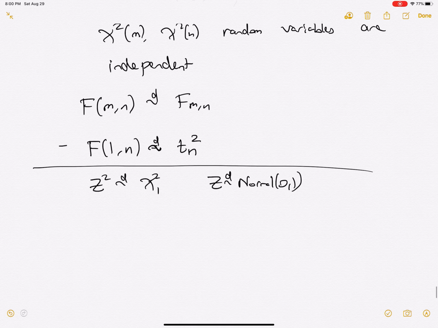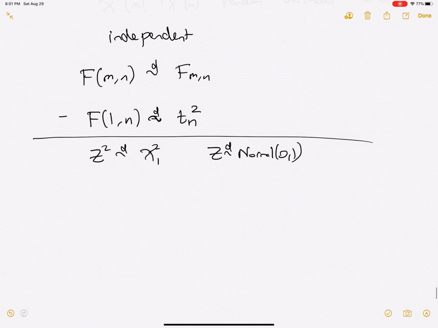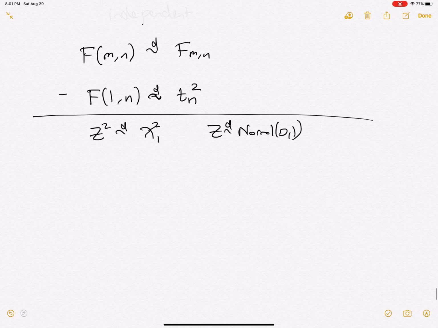And once again, I've tried to distinguish between a random variable and a distribution by using brackets to indicate a random variable and subscripts to indicate a distribution. I know this might be a little confusing, but that's the notation I'm using here. So chi-squared, f and t both refer to random variables and distributions, where I'm distinguishing between subscripts for distributions and brackets for random variables.